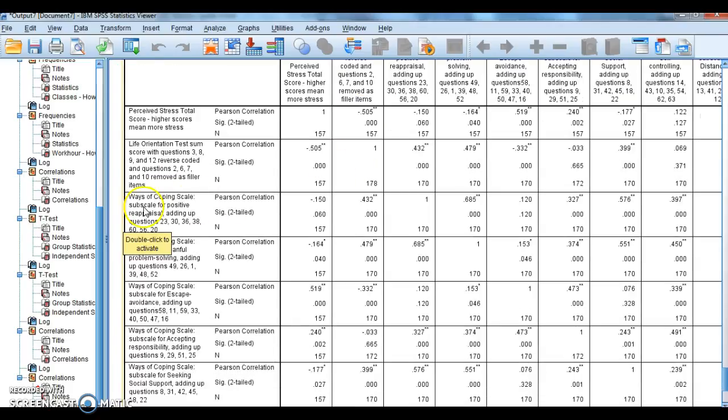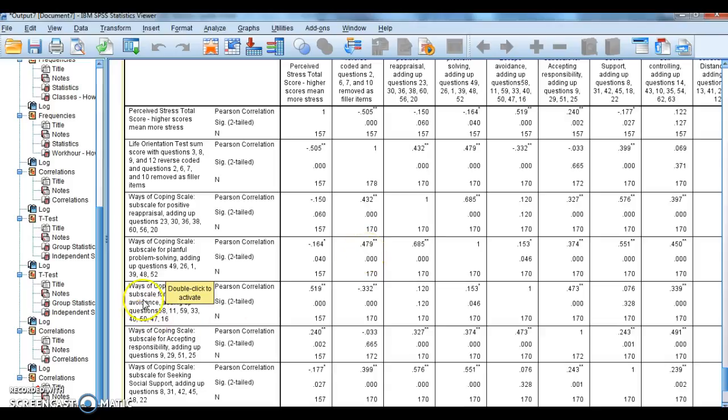Now, you can look at these different ways of coping and be sure to refer back to remind yourself which ones are adaptive coping and which ones are maladaptive. Planful problem solving is adaptive, and we see that people with higher planful problem solving have less perceived stress and they are more optimistic.